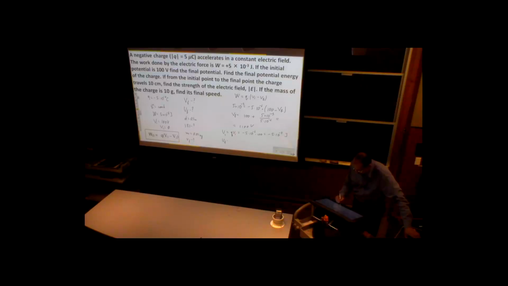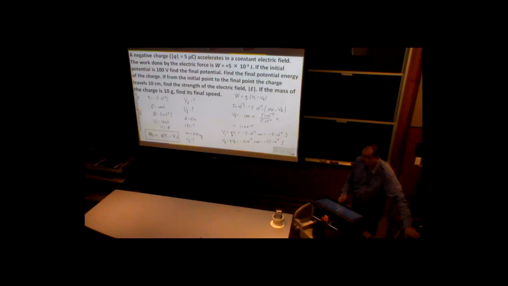Final potential energy: negative 5 times 10 to the negative 6 times 1100. So, still negative, 55 times 10 to the negative 4 joules, right? If I break it into 11 and 100, yes. Which energy is higher?